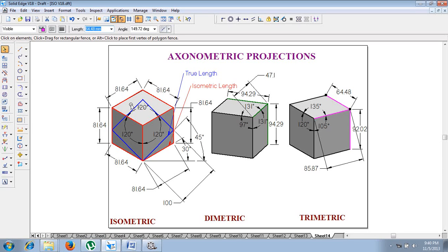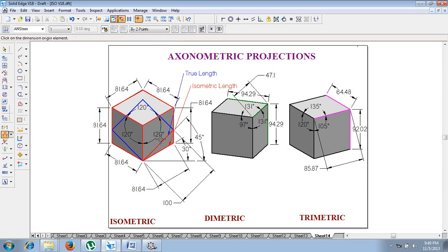If I construct a proper square face, the blue colored line is nothing but the required regular square face of dimension 100 millimeter. At an angle of 45 degree it will be there, whereas in case of isometric projection it will be reduced to 81.64 millimeter when the angle it makes will always be 30 degree.